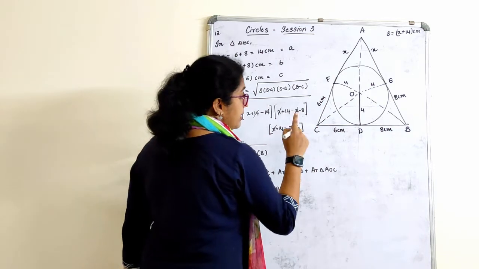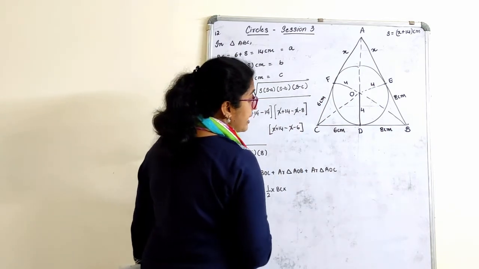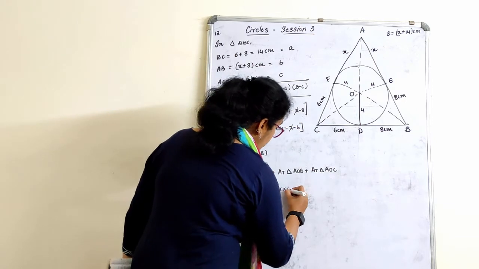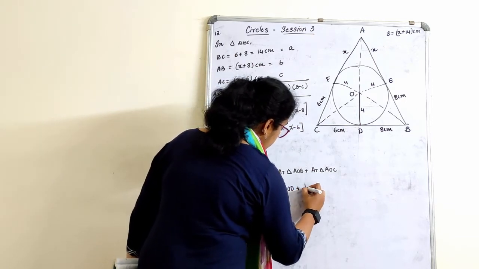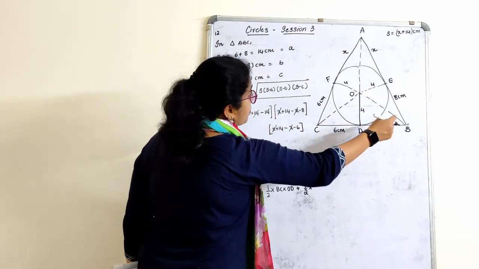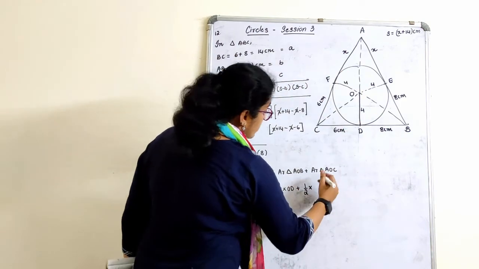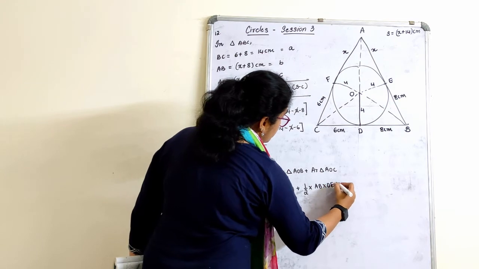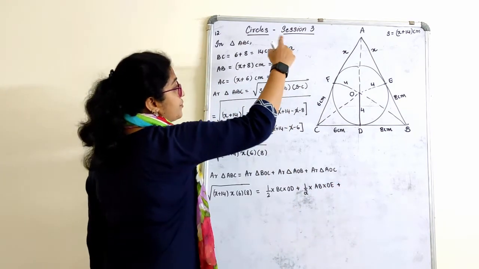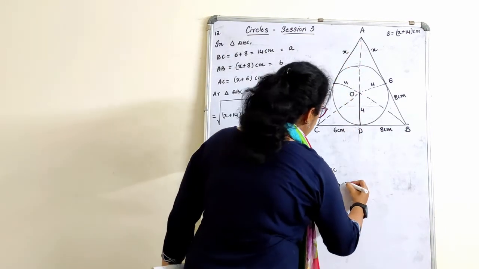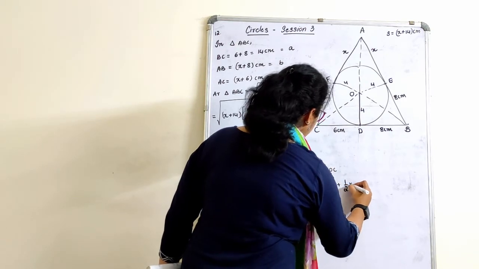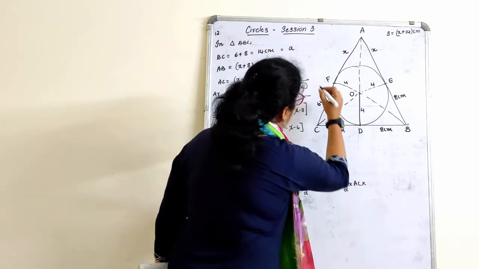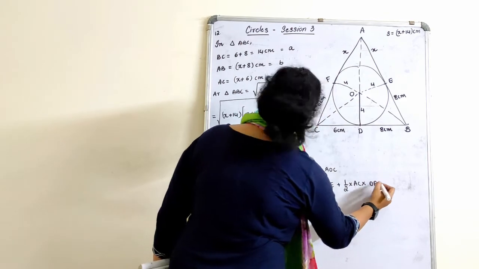Radius, what we can say. Radius at the point of contact of tangent you can tell. So height is OD plus half into AOB. Base is AB. Height is OE plus area of triangle AOC. Base is AC. Half into AC. Height is OF. Substitute.